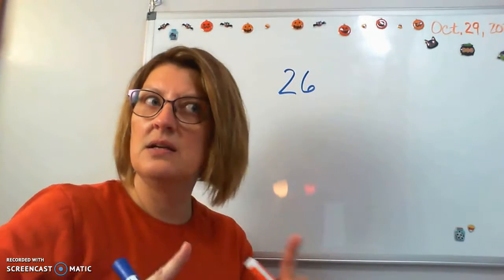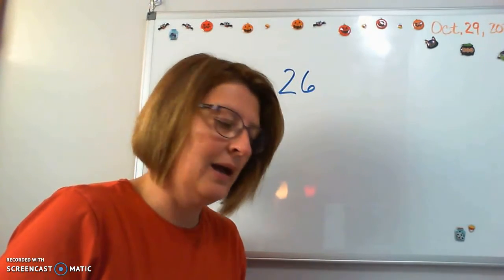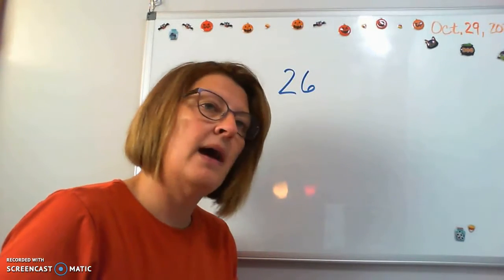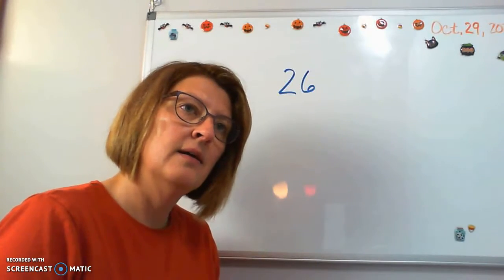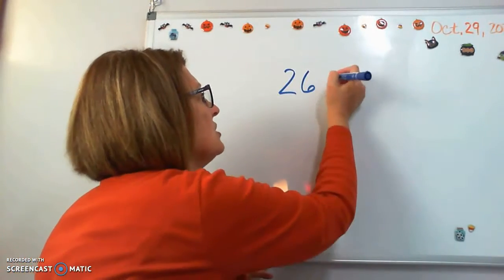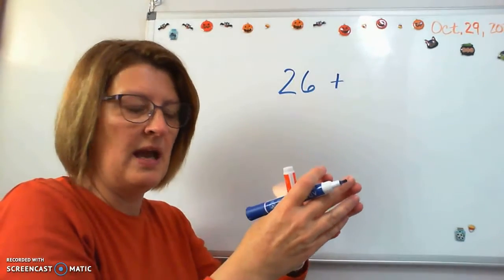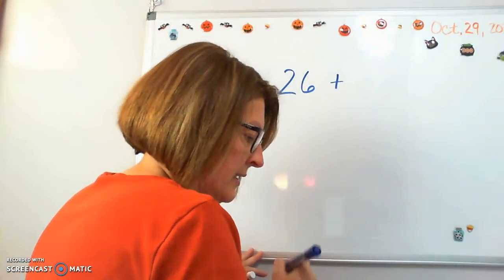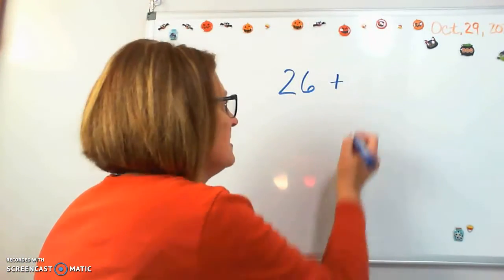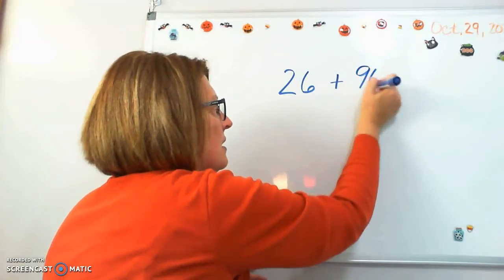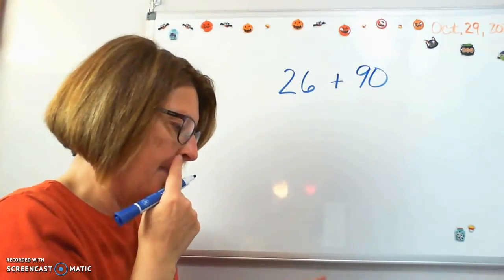And that's an important word. And 90 miles on Tuesday. And usually means that you are going to put them together. So we want 26 miles and 90 miles.